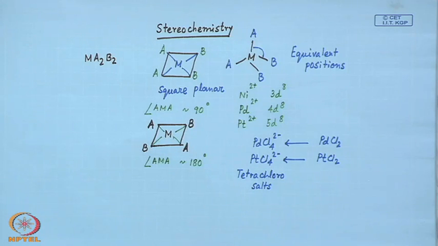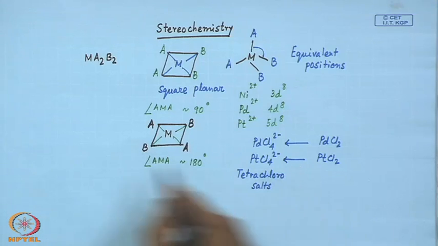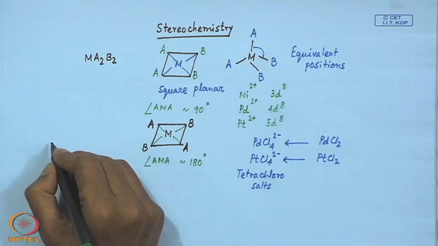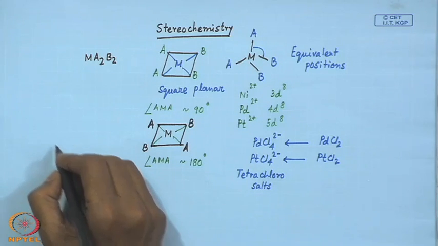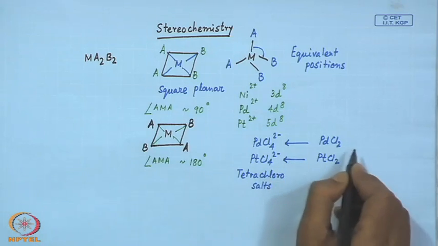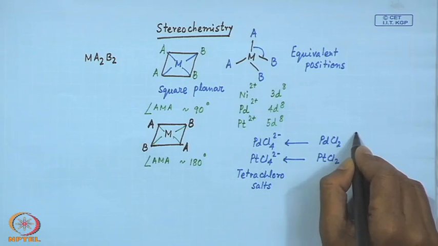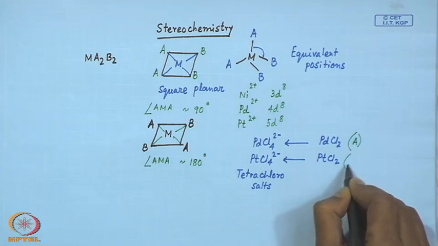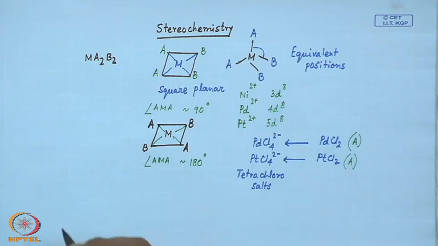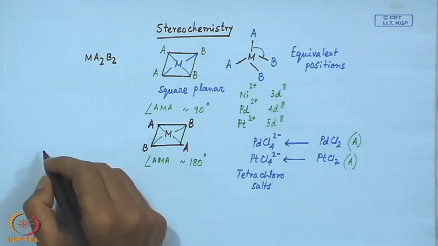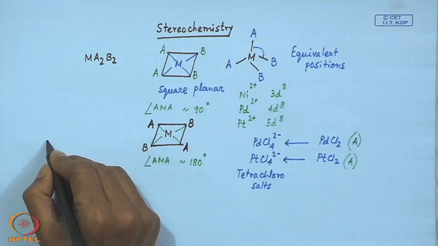When these salts are there, we can also think that they can give rise to the corresponding complexes if we change the ligand, because this is of one type, say A type of ligand, this is also all A. Now, if we introduce B as the corresponding ammonia ligand.